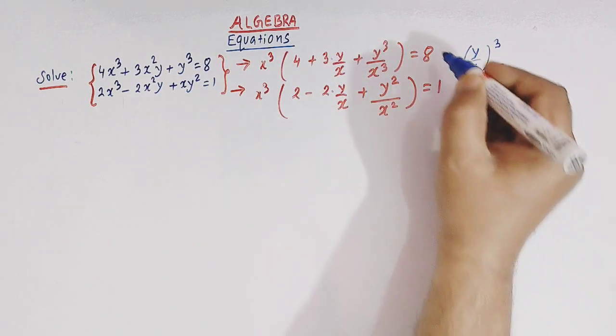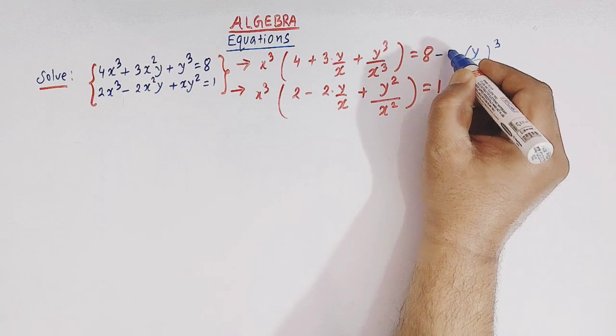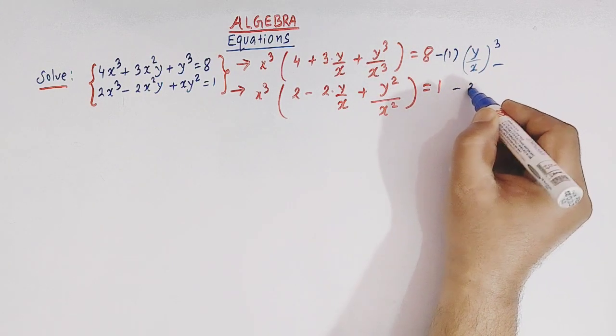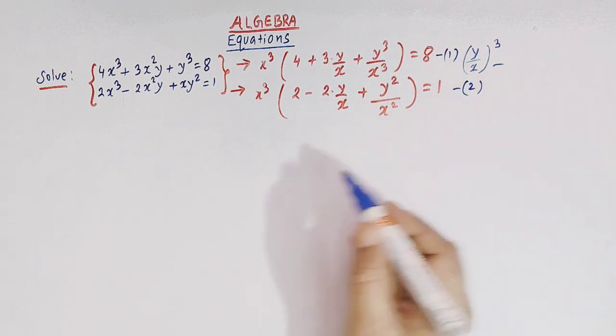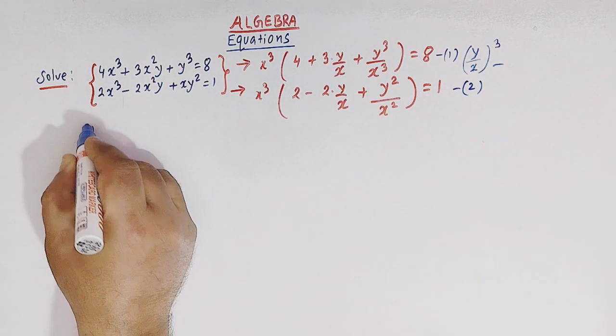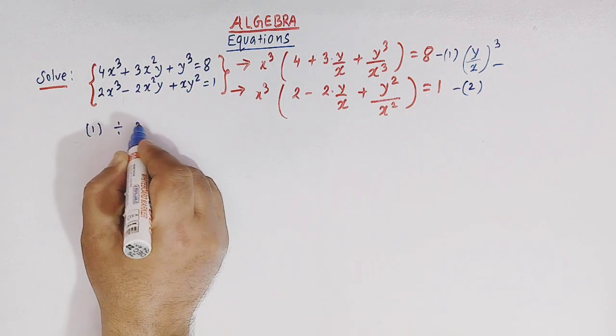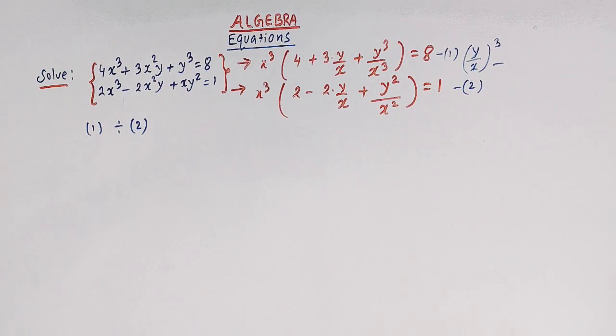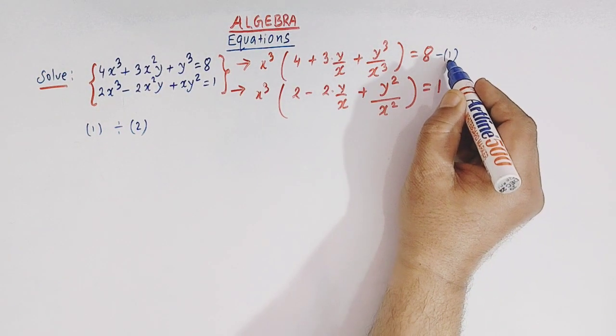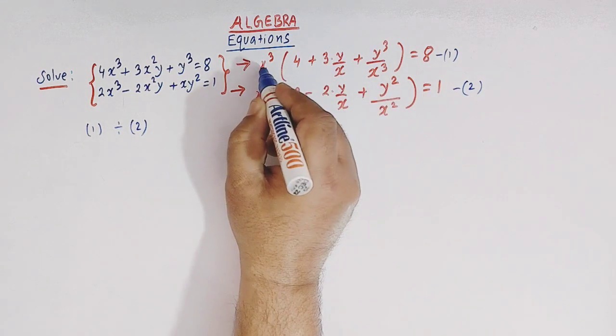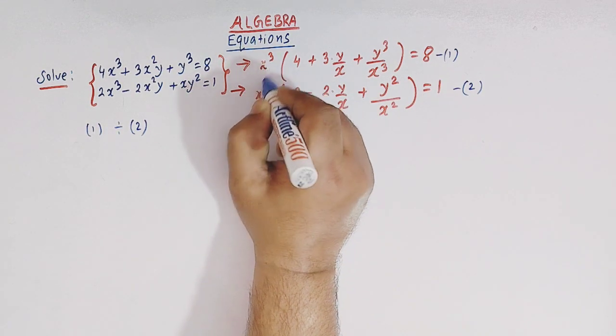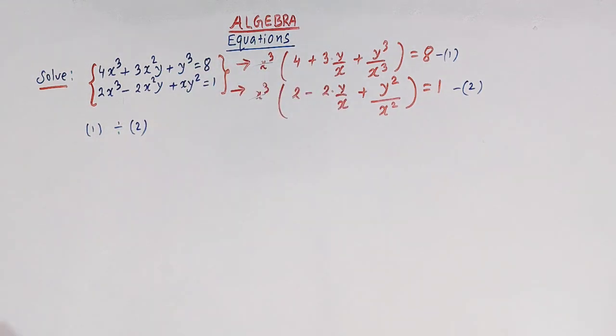So now what we will do, let us designate this equation as 1 and this equation as 2, right? And let us divide equation 1 by equation 2. So when we divide equation 1 by equation 2, we can see that x cube and x cube get cancelled, right?